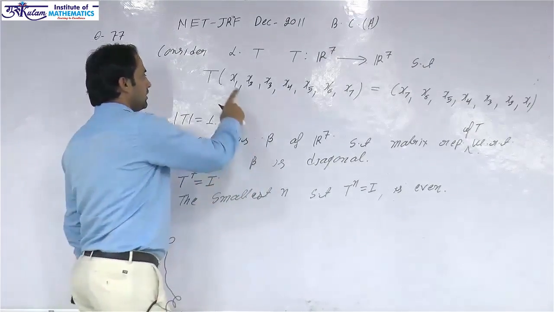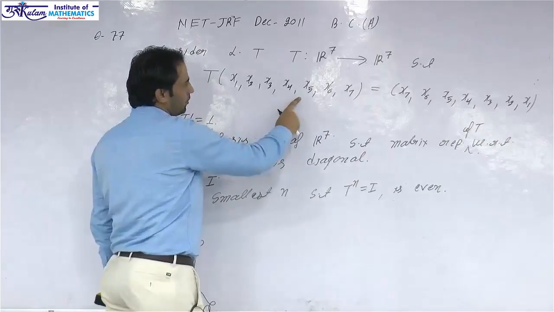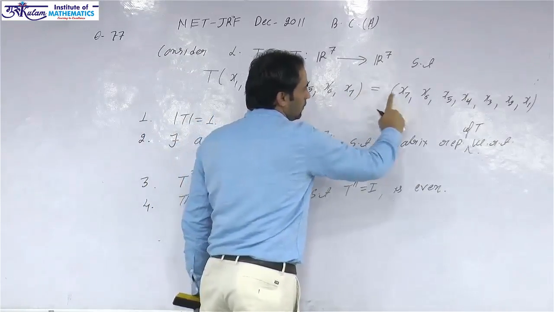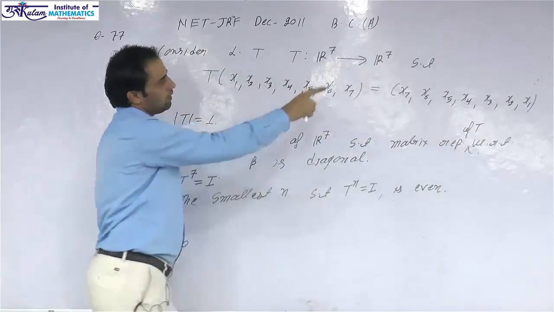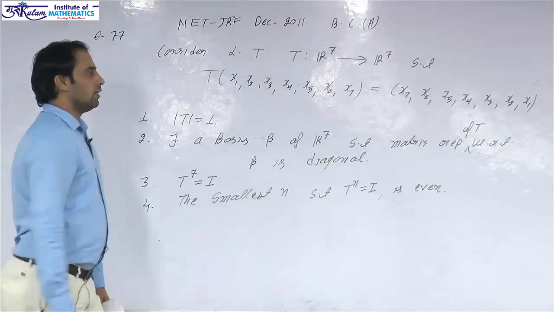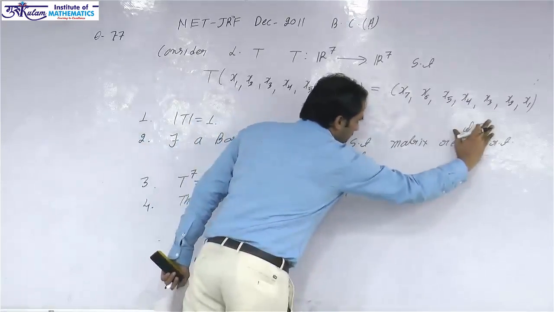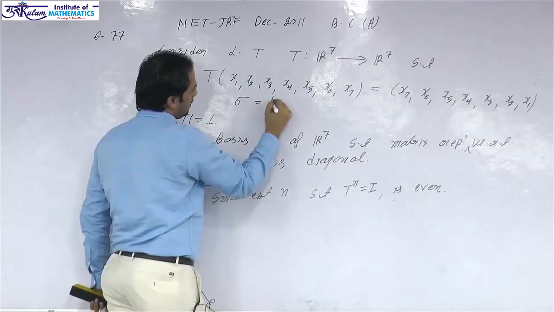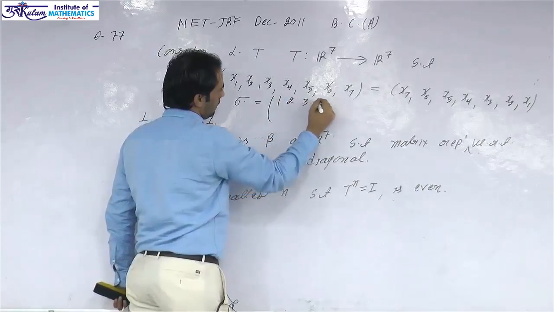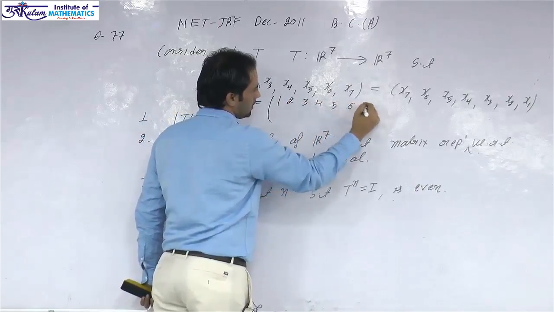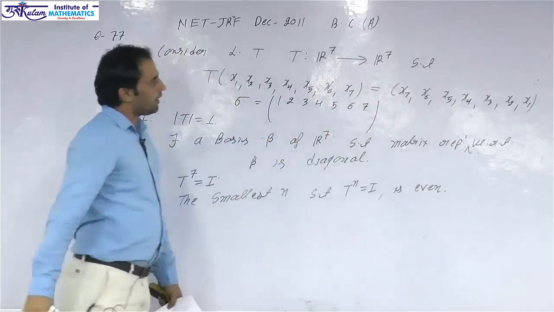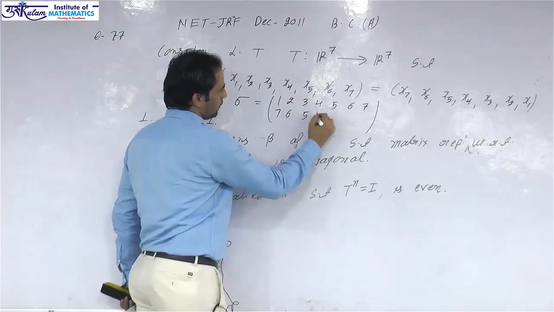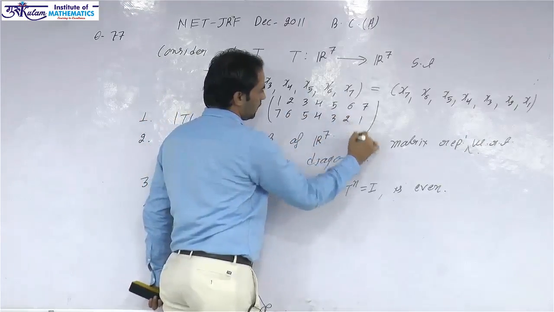You can check that the given linear transformation is simply a permutation transformation. So we are permuting the 7 symbols and replacing the images. The sigma corresponding to this transformation is 1, 2, 3, 4, 5, 6 and 7, and the resultant images are 7, 6, 5, 4, 3, 2 and 1.